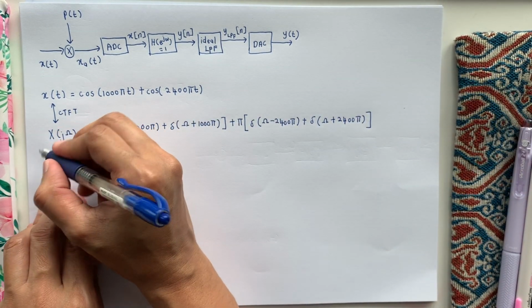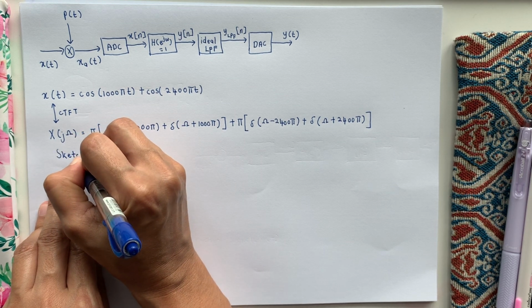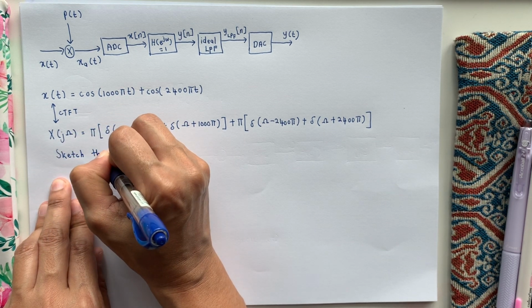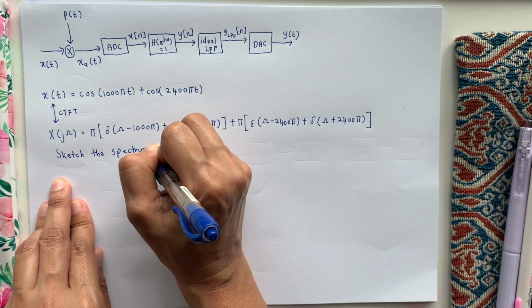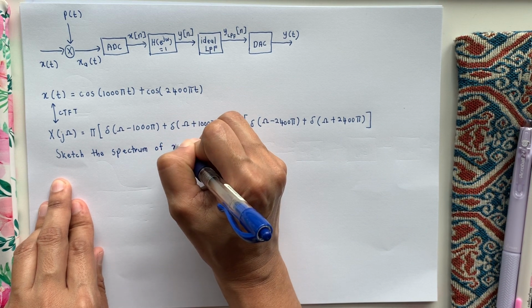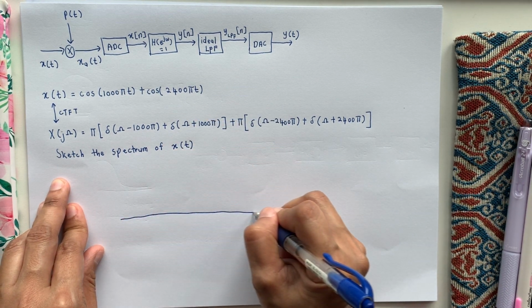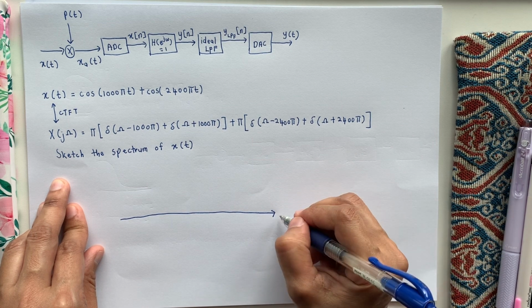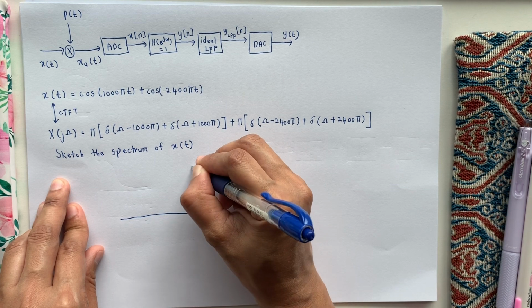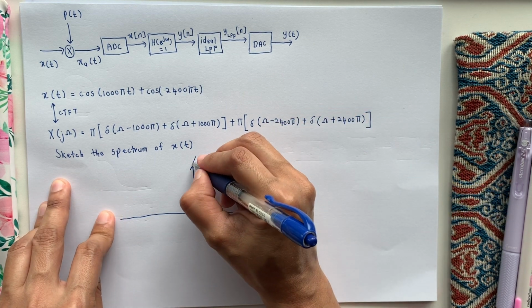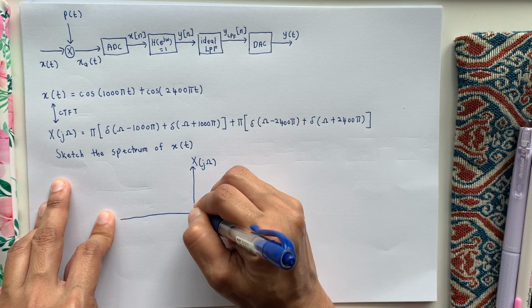And then if you were asked to sketch the spectrum of xt, you have to sketch a frequency domain graph. Don't forget to label your graph. If you forget to label your graph, then I forget to give the marks.